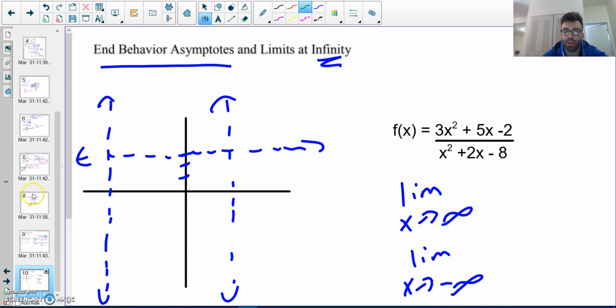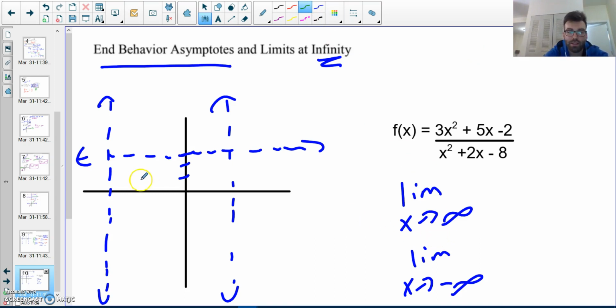When can they be a number? They can be a number when I have a top-heavy, even-heavy, or bottom-heavy function. Otherwise, what would they be? If I had a slant asymptote, the limits as x goes to positive or negative infinity are going to be positive or negative infinity. So there's a relationship between the end behavior asymptotes and the limits at infinity.